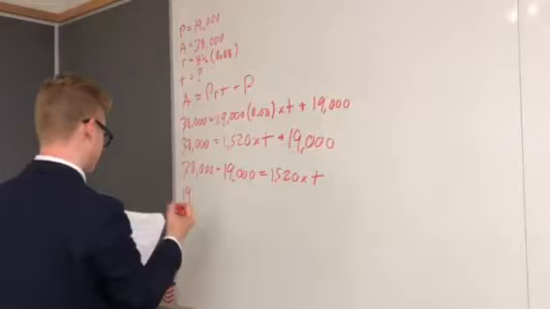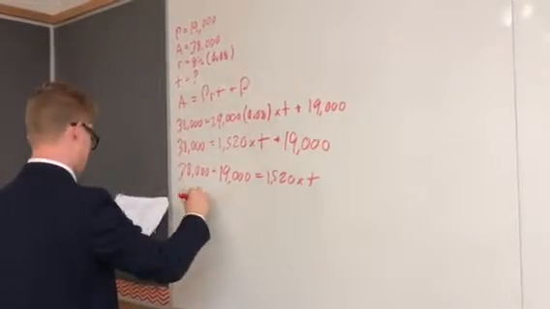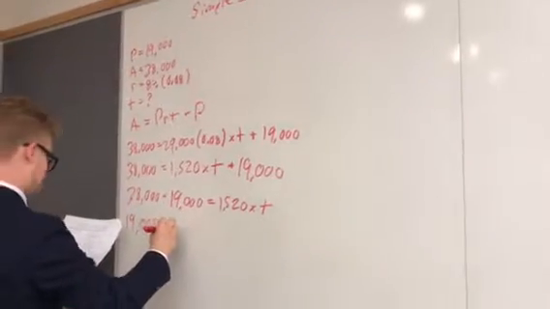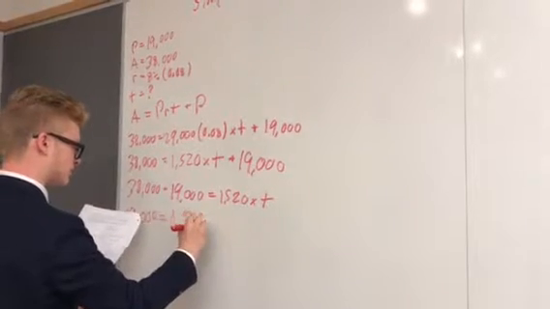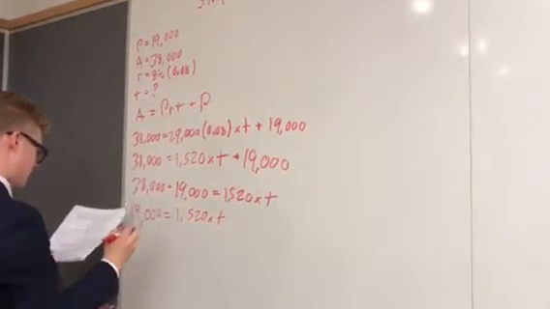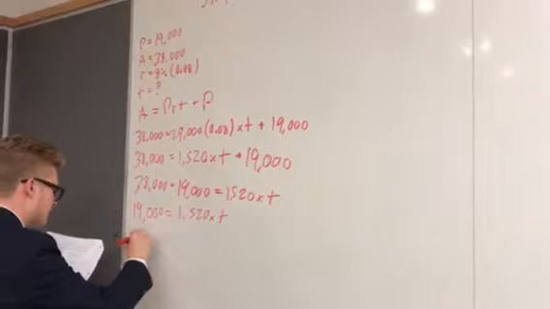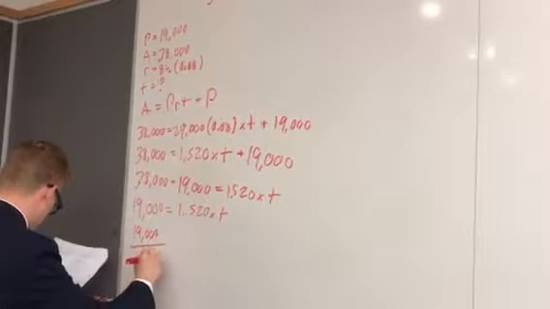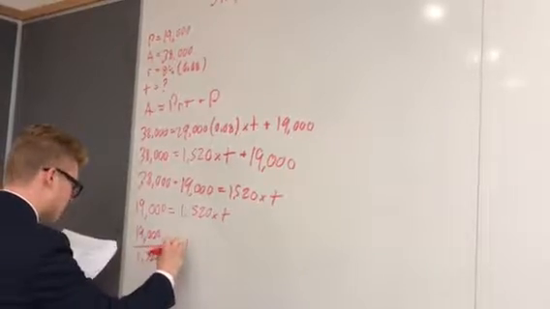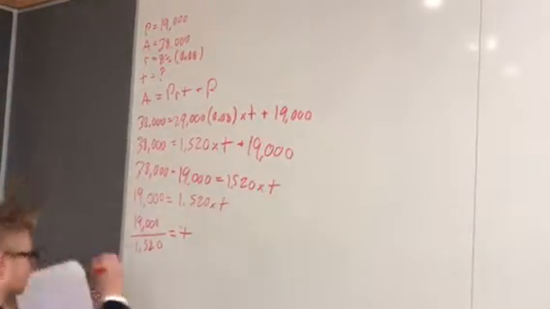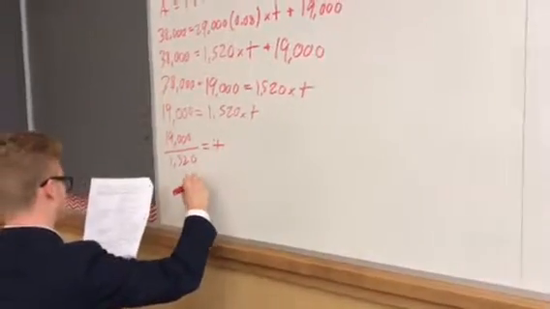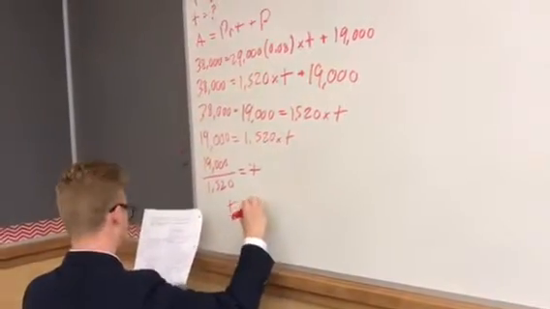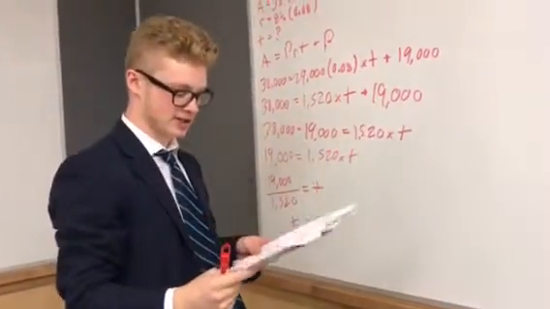So 19,000 equals 1,520 times T. And then now you'll go into the division part: 19,000 divided by 1,520, which equals T. So if you put that together, T will equal 12.5. So therefore, it will take 12.5 years in order to double the amount invested using simple interest.